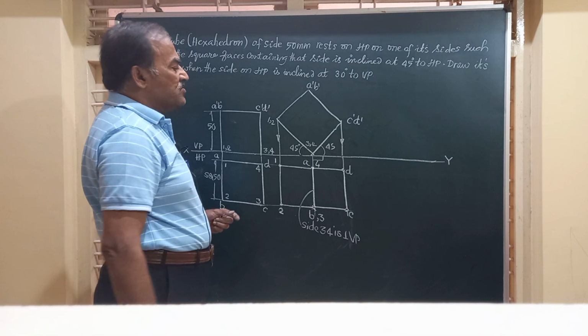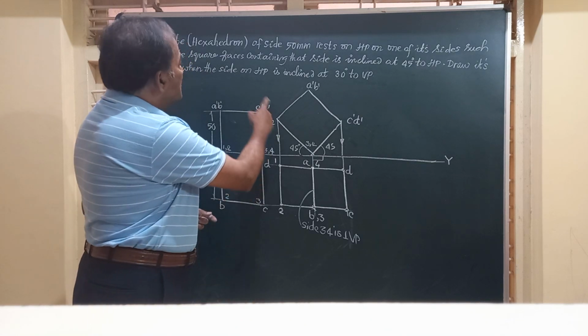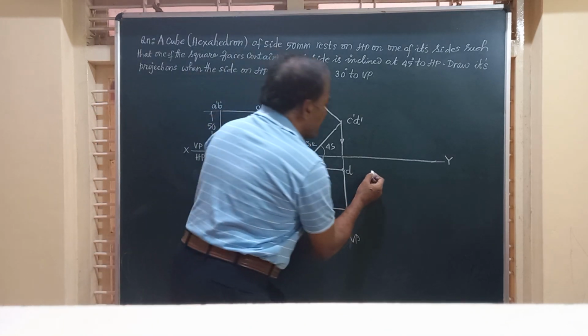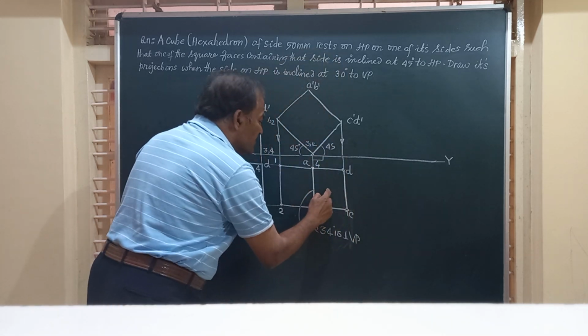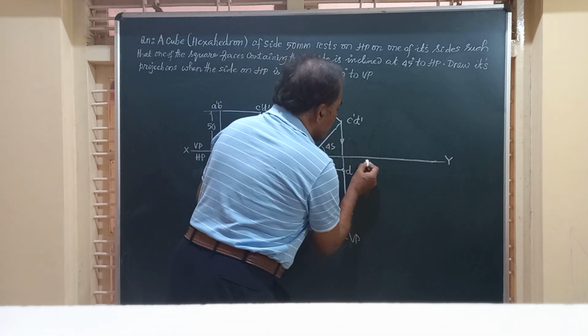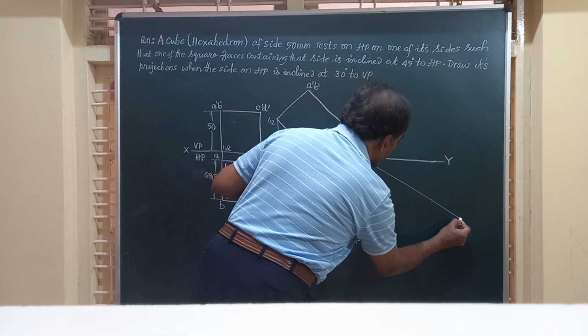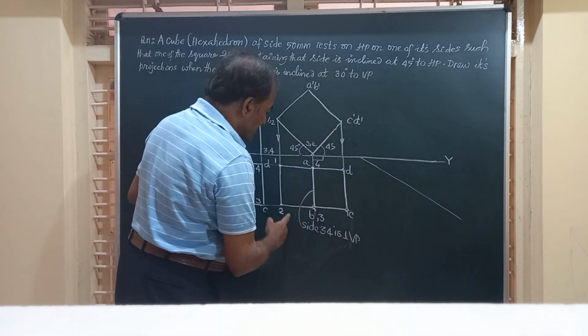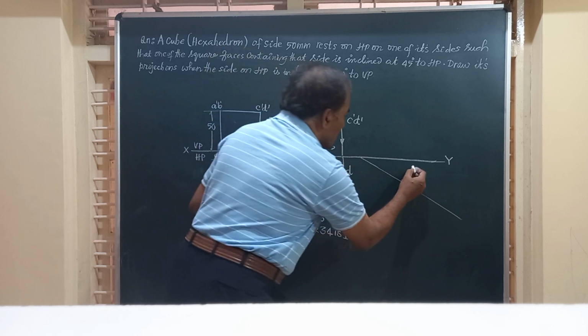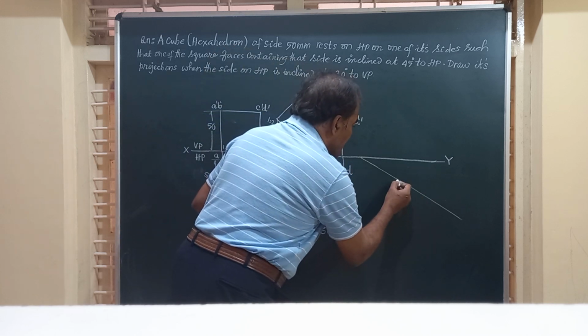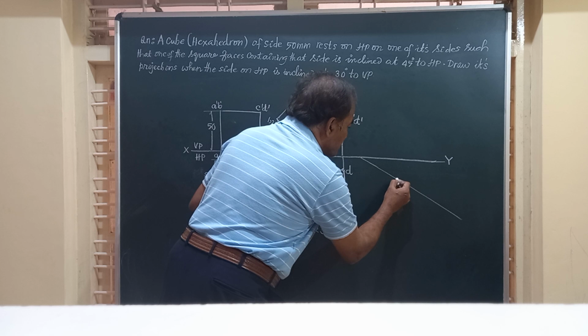Friends, that has to be at an angle of how much? 30 degrees to VP. Friends, I have to reproduce this figure on a line which is inclined at an angle of 30 degrees to VP. So friends, here I will just mark this 3 4 on this, or anyway it can be marked.